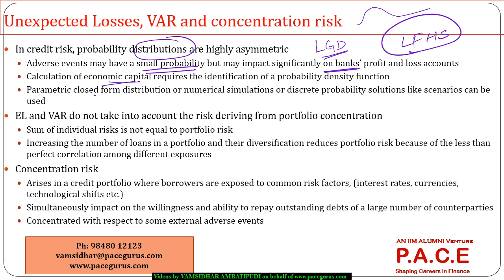So the calculation of the economic capital requires a good identification of the most appropriate probability density function. That can be a pure closed form distribution with various parameters, or I can get into completely numerical simulations like Monte Carlo simulation, to typically identify those extreme events and the kind of severity they have on the profit and loss account.